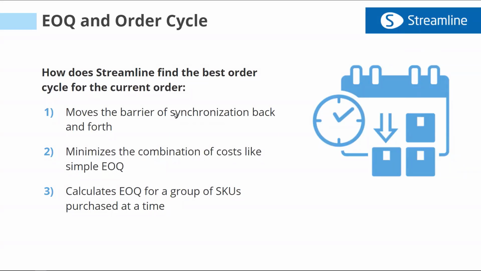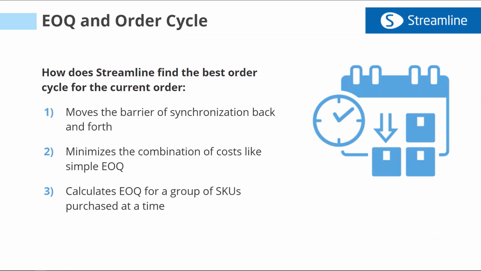So how does Streamline calculate the group EOQ? It's based on the synchronization mechanism that we have in Streamline. So we synchronize reorder points of all items of one supplier, and that gives us a certain number of days of supply.